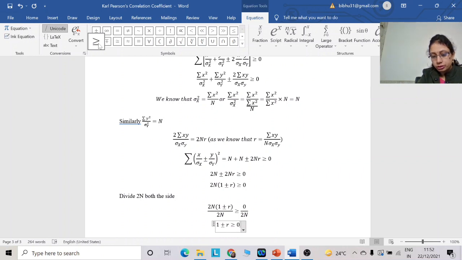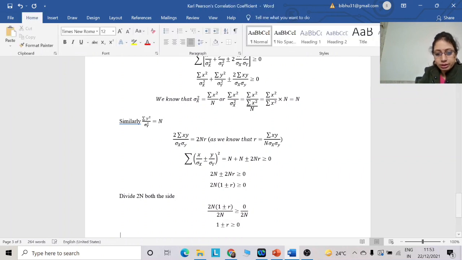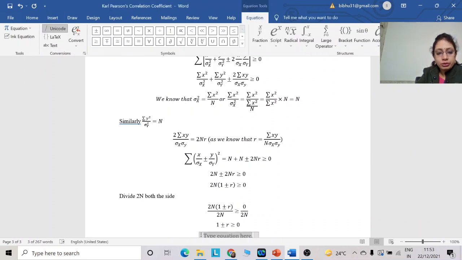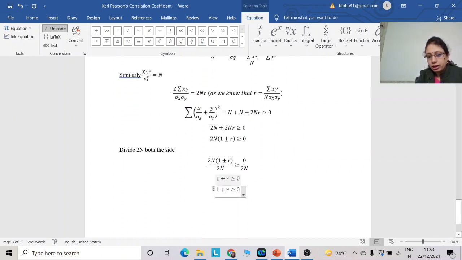Now here we can write 1 plus r greater than or equal to 0, which will come as, if we take the 1 to the right-hand side, r will be greater than or equal to minus 1.